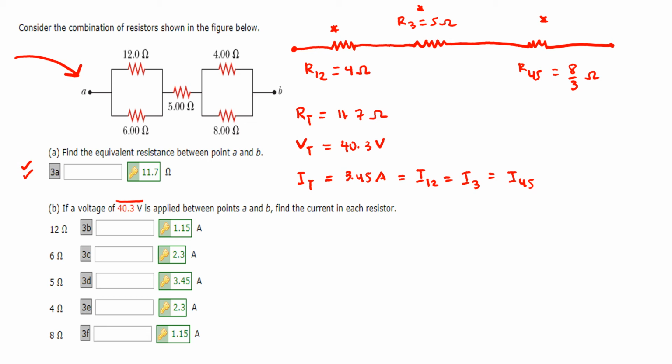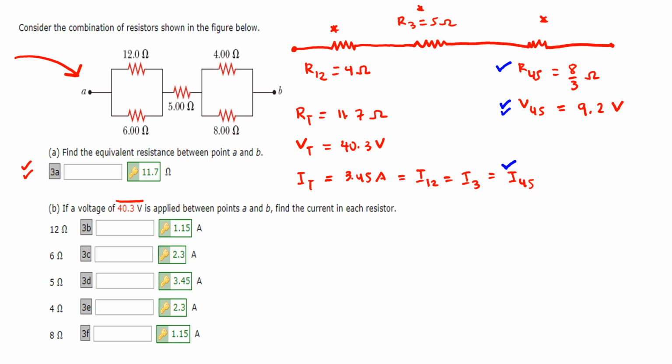Now we were able to solve for V45, which is equal to 9.2 volts, because we have the values of R45 and I45.